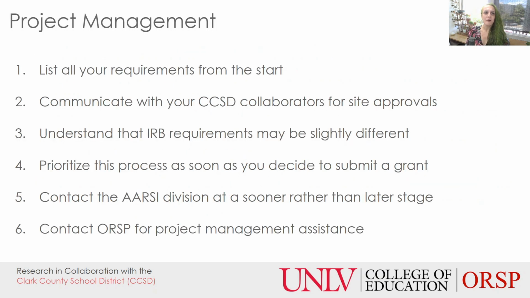And then some very final tips. It really comes down to project management points when trying to go through this process as fast as possible. Some tips that came to my mind: first, list all your requirements from the start. When you're drafting your project and you're designing your project, try to make a list of everything that will happen that you think might require a special review by the CCSD review board, and highlight that to them during the letter of intent already.